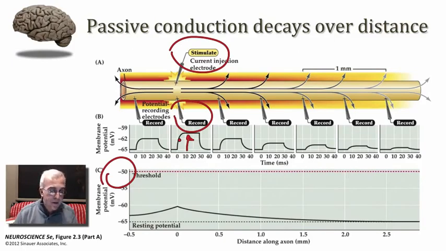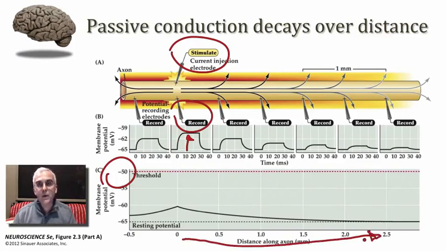But that's okay. This experiment illustrates the point that all we have to do is travel a relatively short length down this axon, just a few millimeters, and already there's significant decay of the current that's been passed at a particular site. So without the presence of myelin, an axon by itself is just not going to provide sufficient conduction through purely passive means.